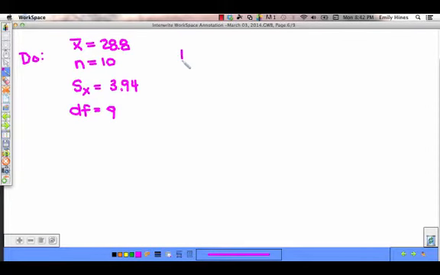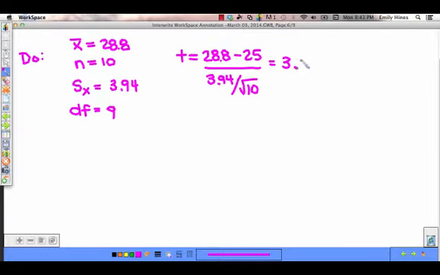So then that means that t is equal to 28.8 minus the null value, which is 25, divided by my standard deviation divided by the square root of my sample size, because remember, I no longer am talking about just one value. I'm saying out of all possible samples of size 10, where does this one fall? So that's why I have to do this. And I plug that into the calculator, and I'm going to end up with 3.05.